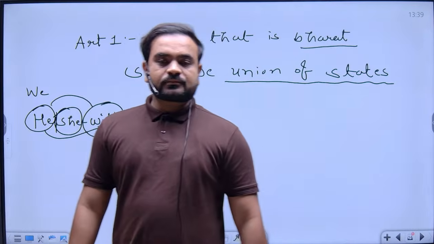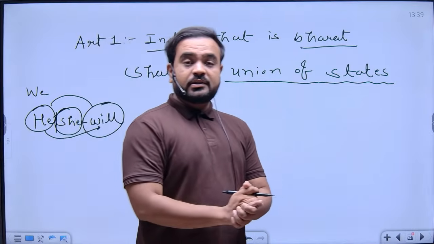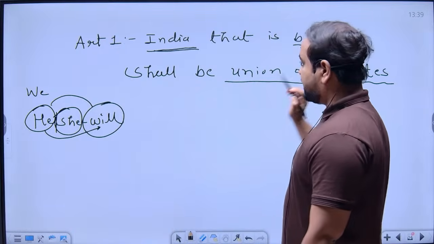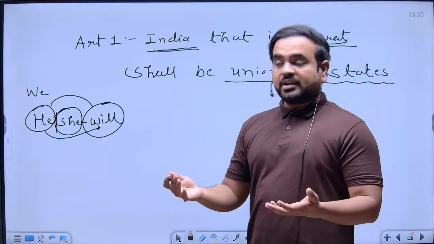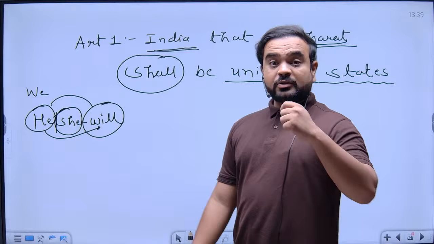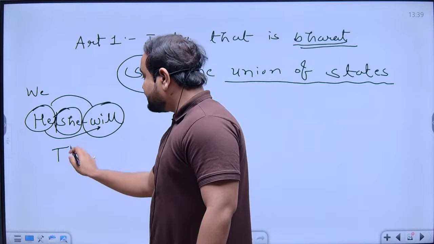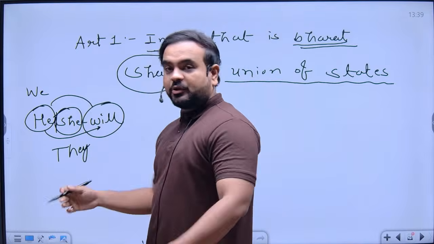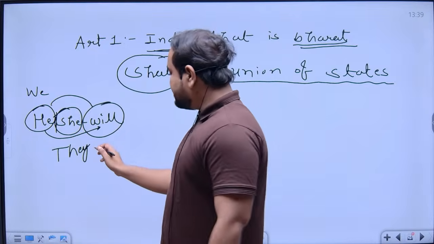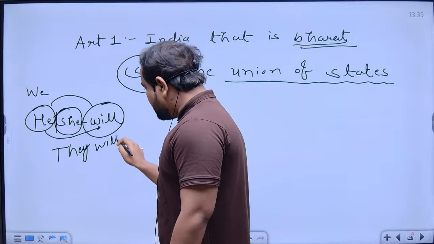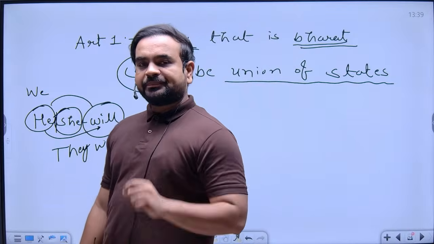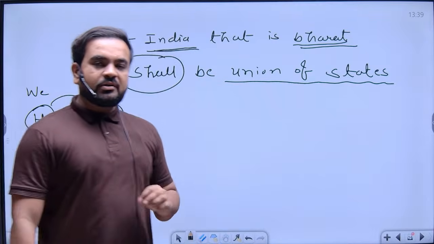But if India, that is Bharat, is he or she, why are we using shall? Now some students will say, sir, consider India as they, because India is a holistic country with many people. But with they again will comes; shall only comes with I, or in particular cases.